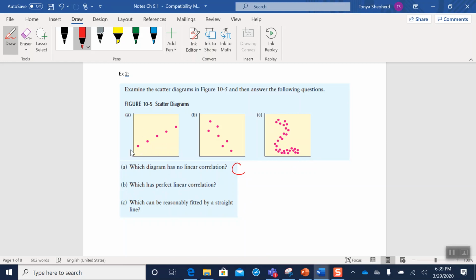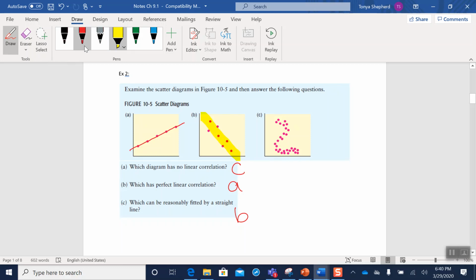I'm going to match that up with A, because again, if I get out my ruler, I can see that all of those lie on the same line. And C, which could be reasonably, it kind of looks line-ish, but I can't do it with my pen. I have to get out my highlighter, and now with my highlighter, I can say, it kind of looks like that.